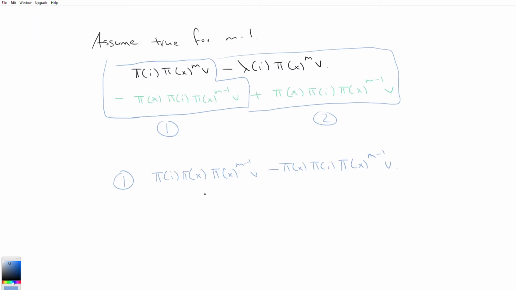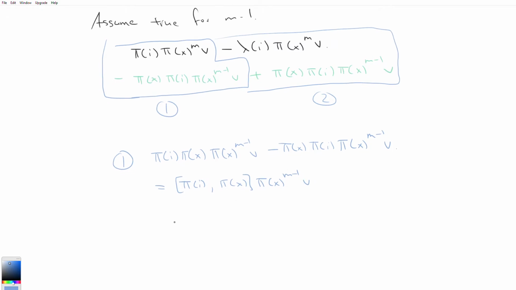Right? And so this is actually equal to pi of I bracket pi of x times pi of x to the m minus 1 v, by just the commutator, and then this is equal to pi of I bracket x acting on pi of x to the m minus 1 v.